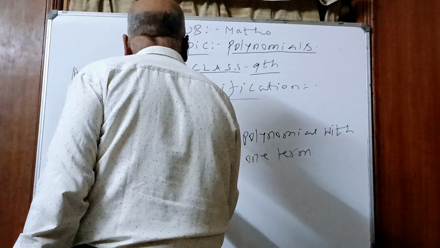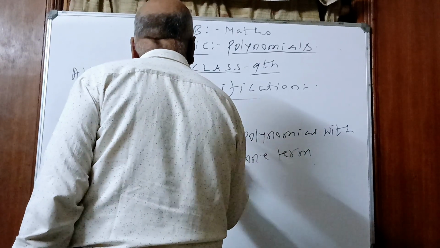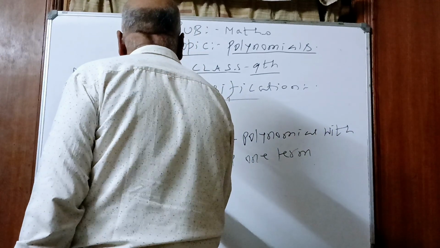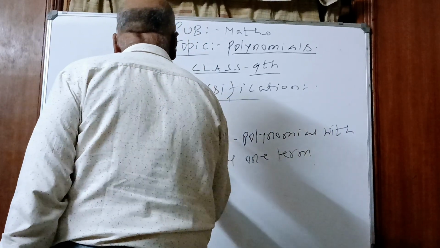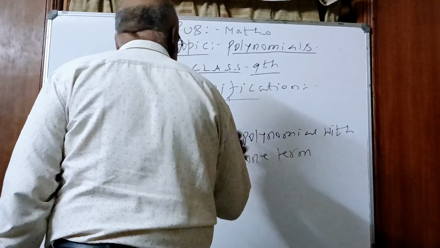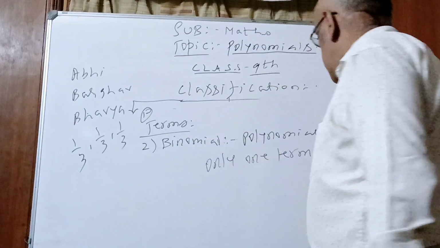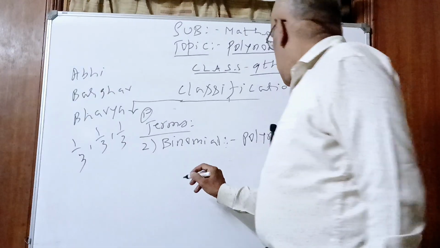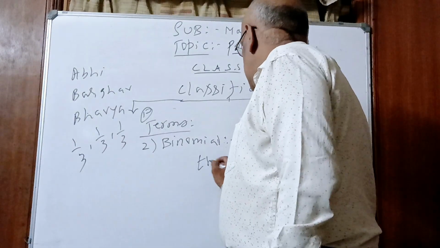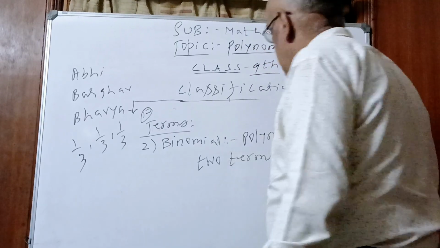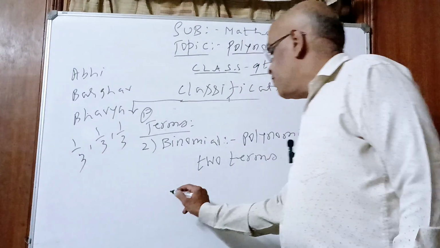Now, second example, binomial. What is that? What is binomial, children? Polynomial with two terms. Example, children.